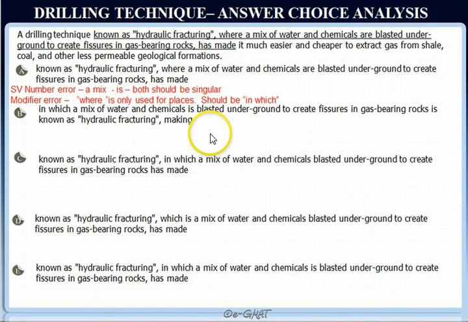However, the focus of this sentence is now changed, because now what this sentence is saying is that a drilling technique in which something happens is known as hydraulic fracturing, and this leads to making it easier and cheaper to extract gas from shale. So it appears as though the fact that this drilling technique is known as hydraulic fracturing leads it to make it cheaper and easier to extract gas from shale.